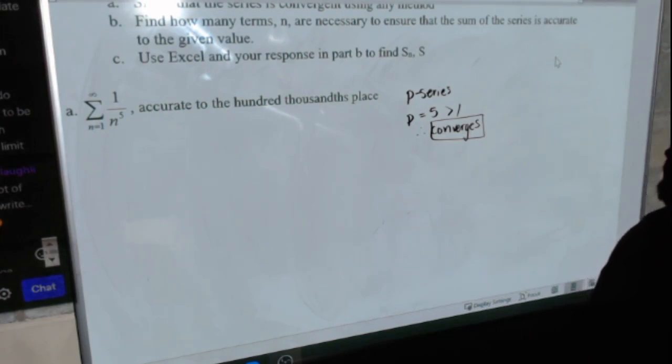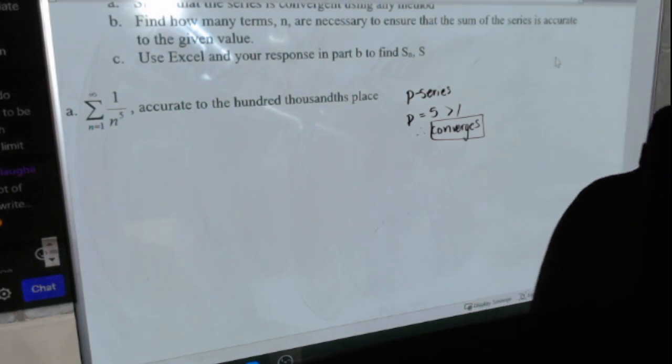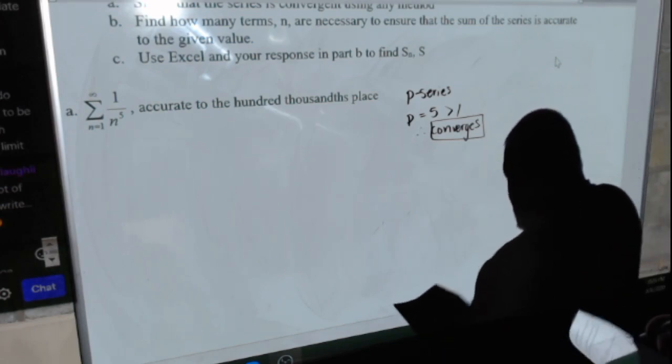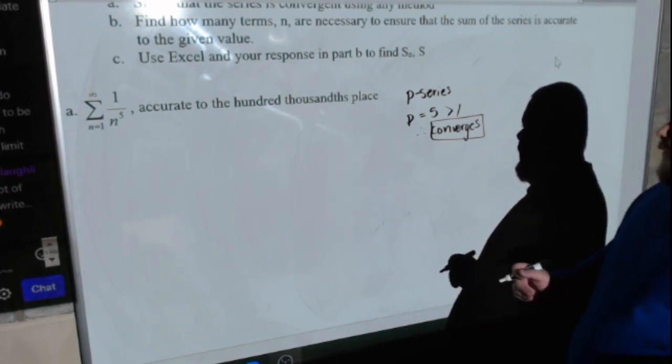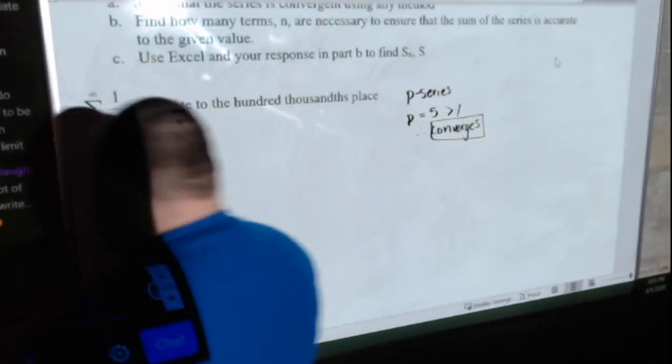Find how many terms are necessary to ensure that the sum of the series is accurate. Okay? So, again, I'm going to translate the sum into an integral.